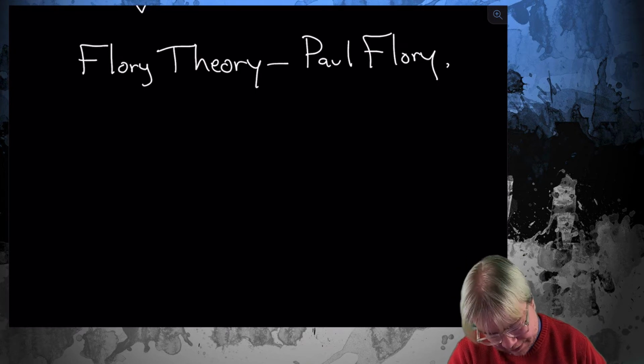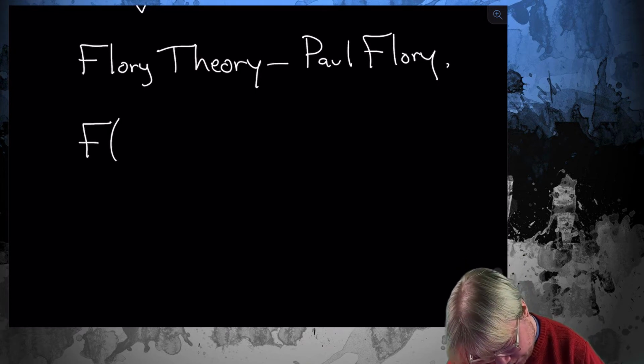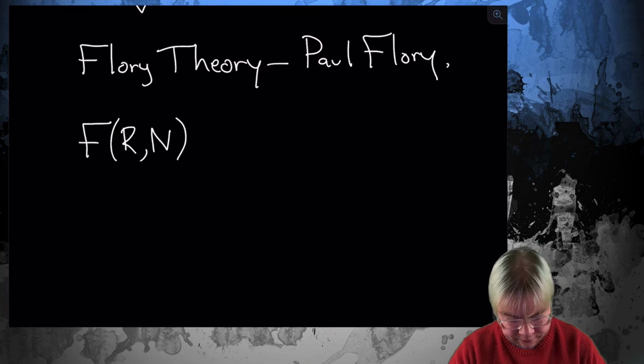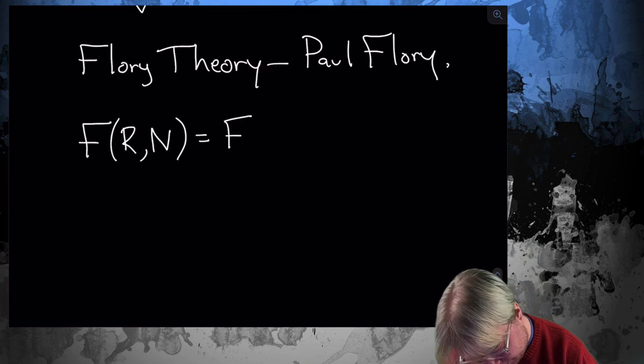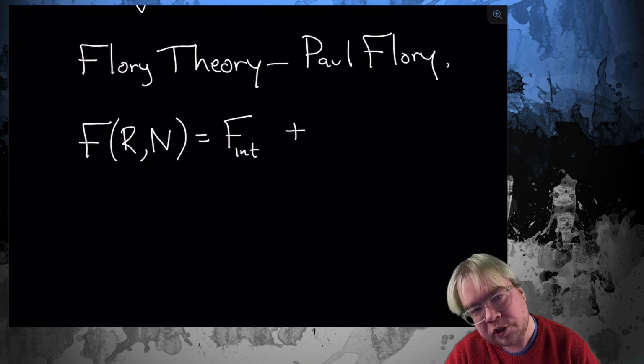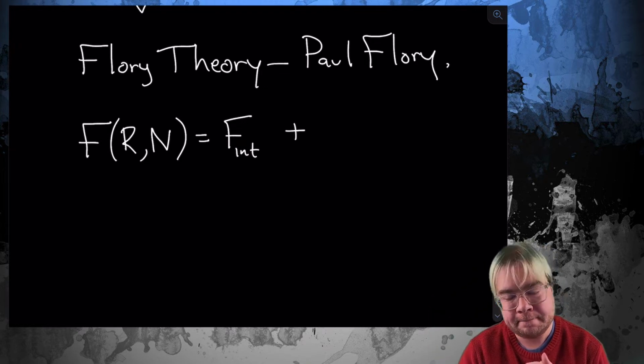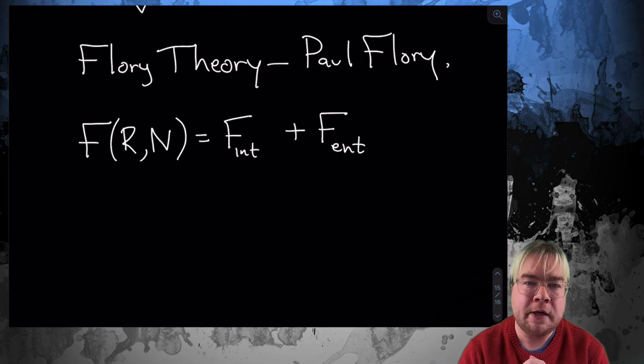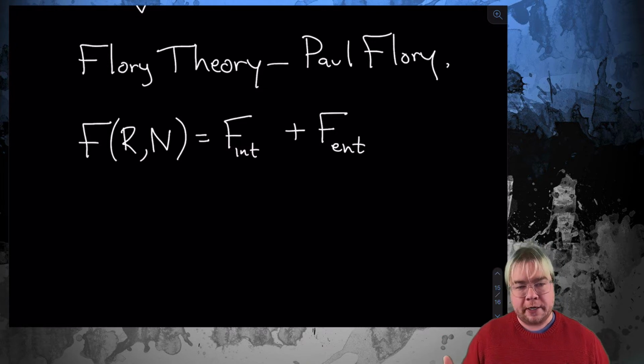And what this theory says is that if I want the free energy of a real chain as a function of R and the number of monomers in the chain, then this will be the sum of the free energy due to interaction, so due to excluded volume, and the free energy that is due to entropy. So one way of thinking about the Flory theory is that we started with a theory for an ideal chain that's based on entropy, and now we're adding a correction term, and it's not a correction term actually, but we're kind of correcting our theory for the fact that there are interactions and that chains do have a finite size.